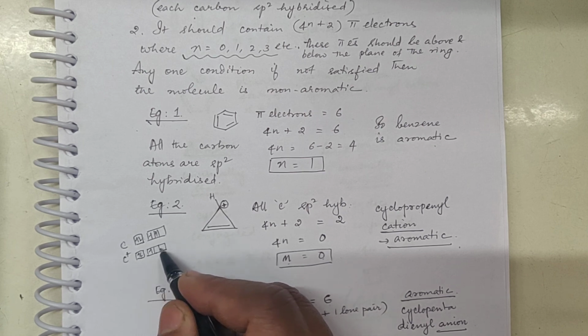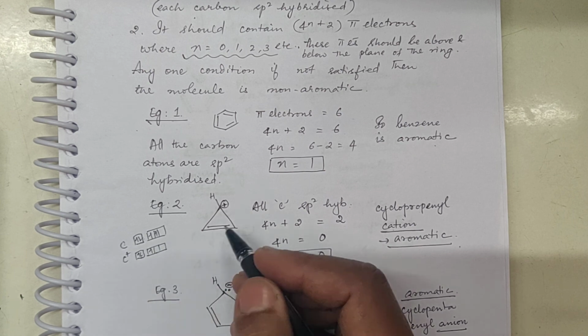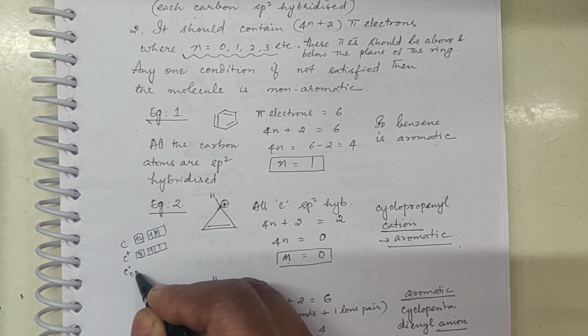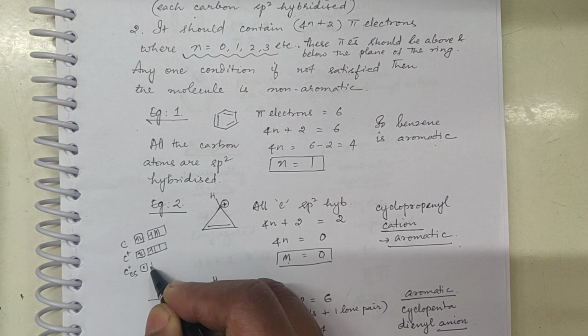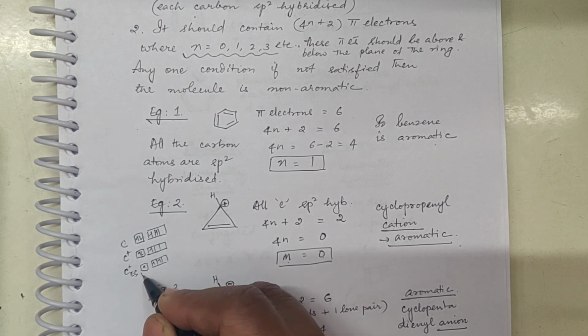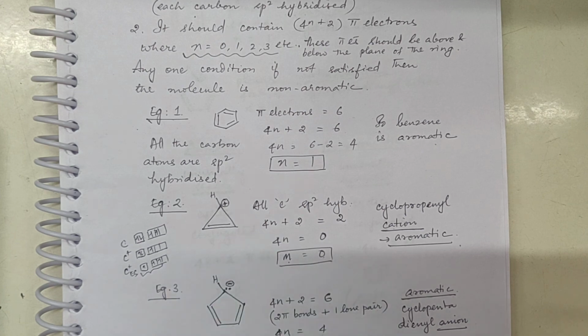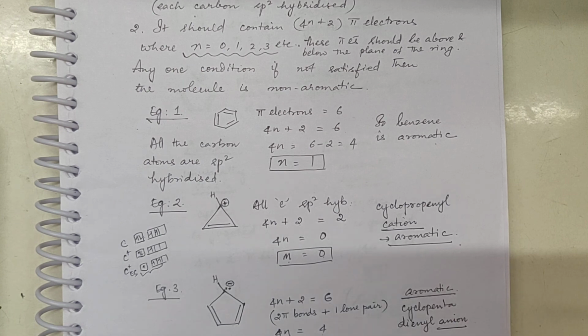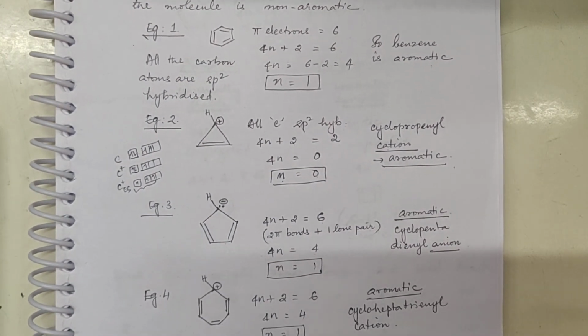So there will be only 3 unpaired electrons which can participate in hybridization. So you say C plus is sp2 hybridized. Like this. Okay, these 3 will participate. So this is satisfying the condition, so it is aromatic. Now let us see another.